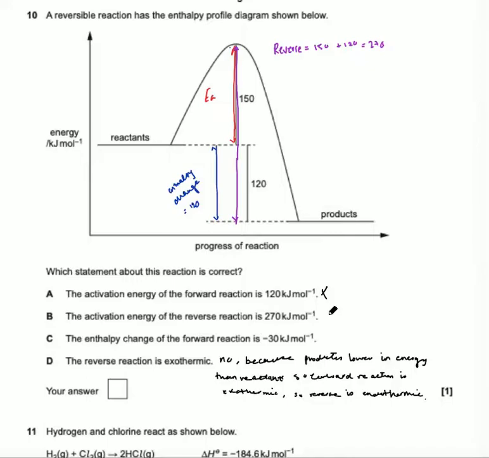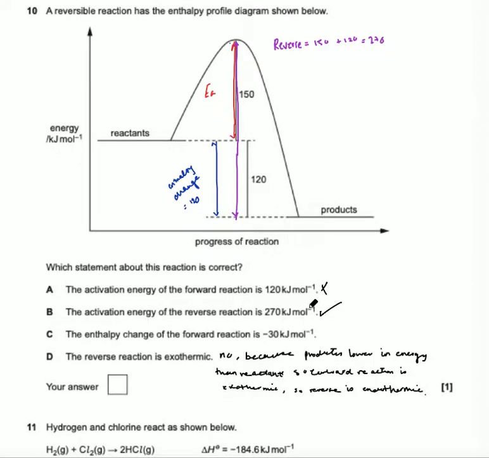Therefore, the activation energy of the reverse reaction is 270 kilojoules per mole. Sorry, I got confused between four and correct. So that's correct, because you're going from the products back to reactants, so you have to go through this whole jump again, so it's 150 plus 120.